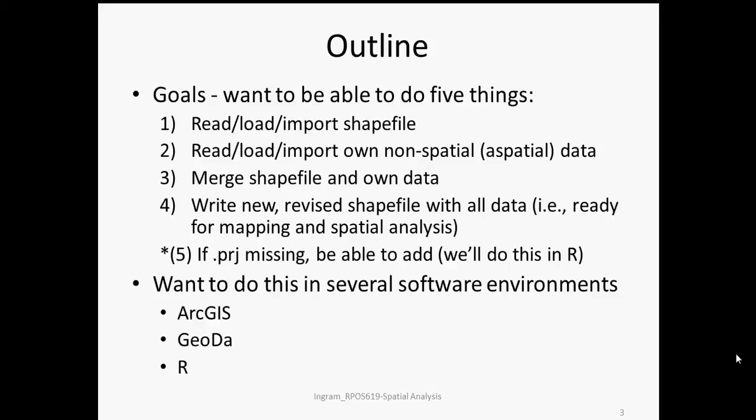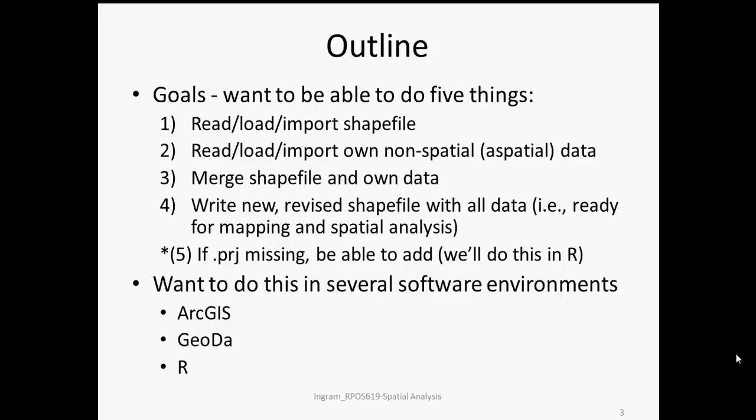We want to then use those unique identifiers to merge the non-spatial data with the shapefile, and then we want to write a new revised shapefile with all of the data above. So this would be ready for all of the analyses that we talked about already. And then lastly, if the projection file is missing, we want to be able to add that. We'll do this here in this tutorial in R.